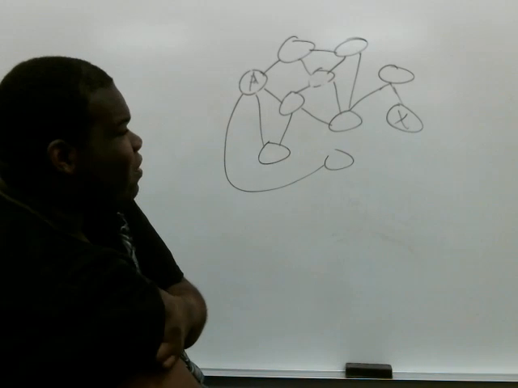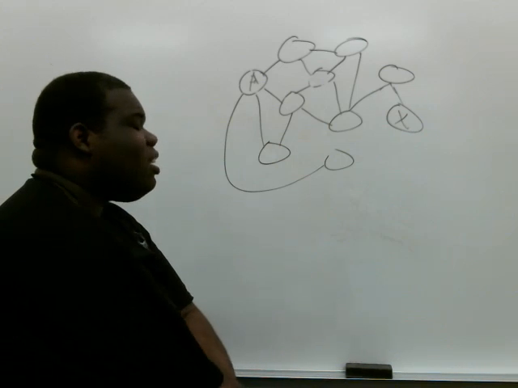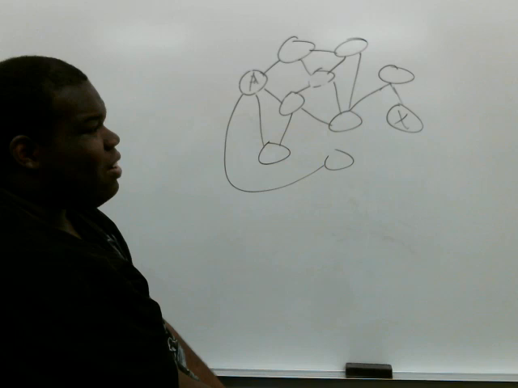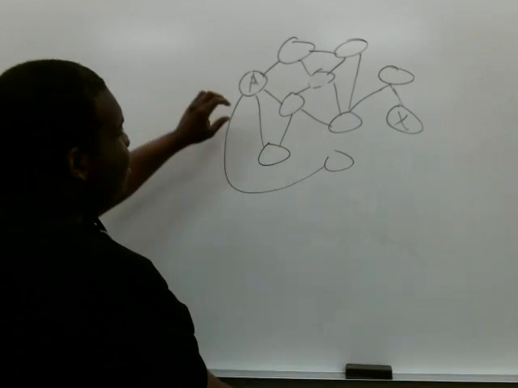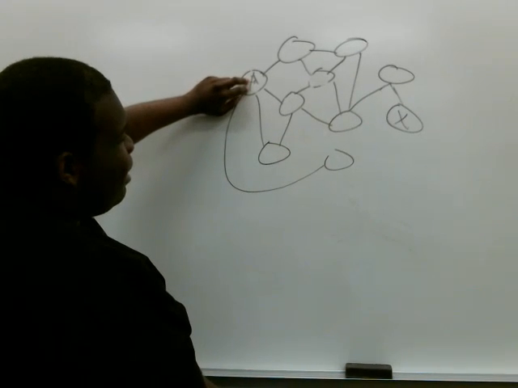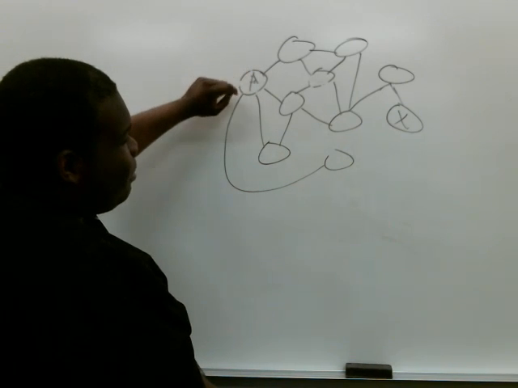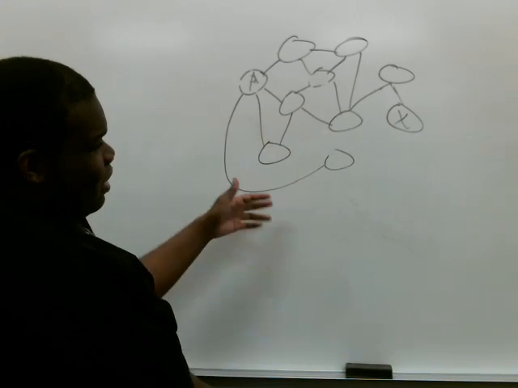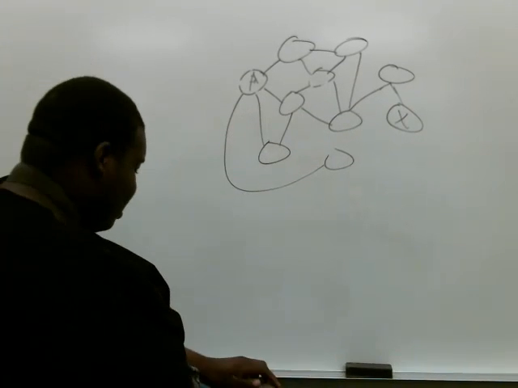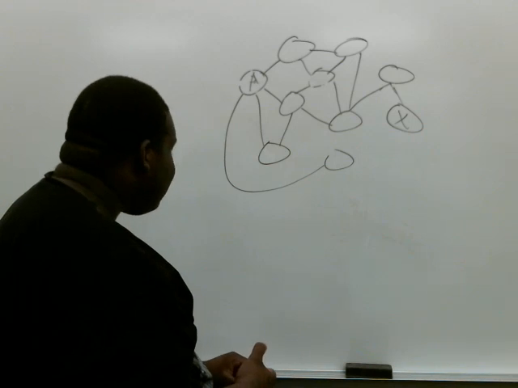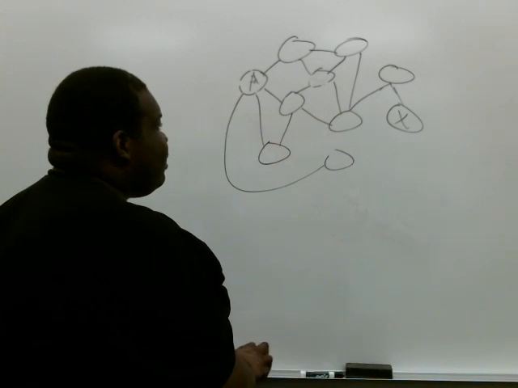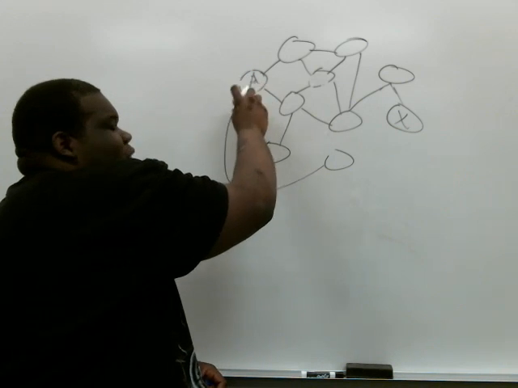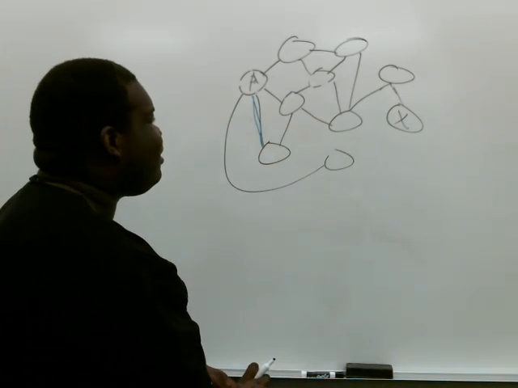Okay. So now we are going to code a graph search. The first graph search I'm going to cover is a depth first search. So how we do a depth first search is, we say, hey, we're at A, so we're going to get its neighbors. We don't necessarily care which one we choose because we don't know which one is going to lead to X. I'm drawing these out in a different color so you can see.